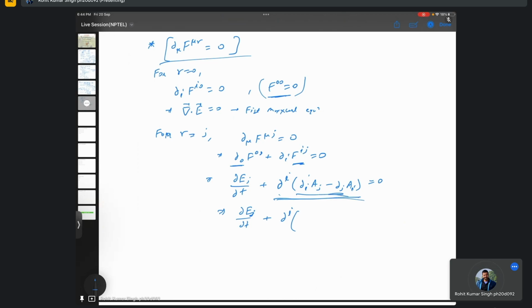And this is just the curl of A_i, right? And this is written like this: epsilon_{ijk} B^k.